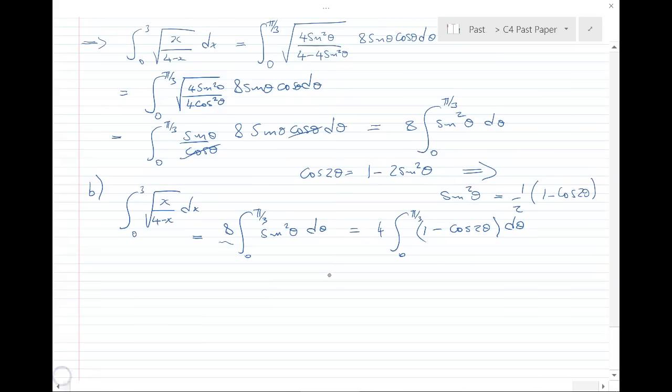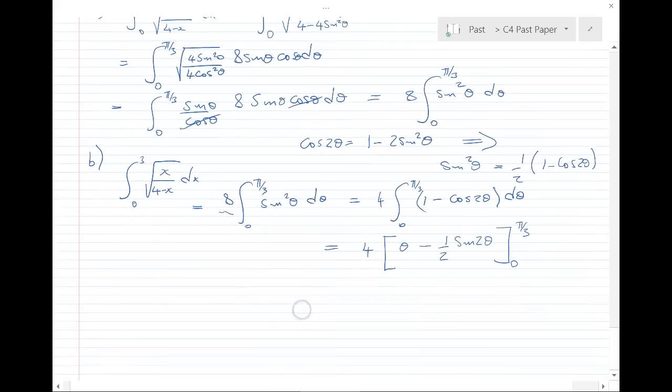So that equals 4, and the one integrated is clearly theta. Cos 2 theta integrated is a half sine 2 theta, from pi by 3 to 0. The 0 limit will obviously work out to be 0 here.